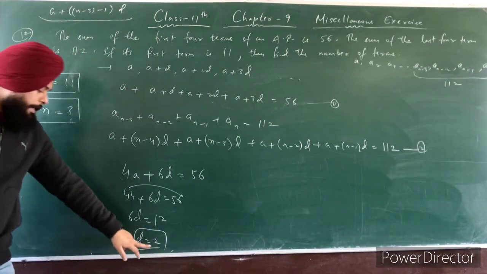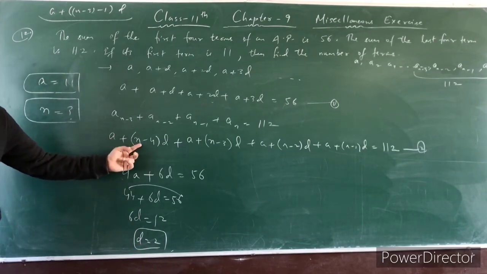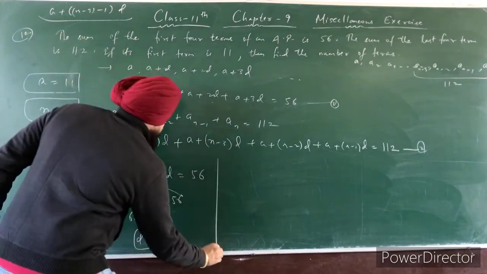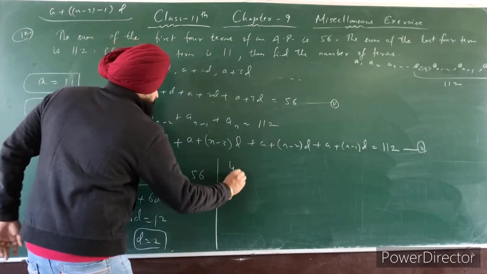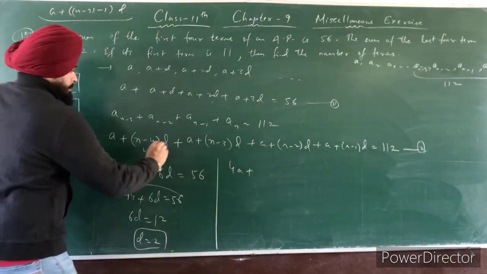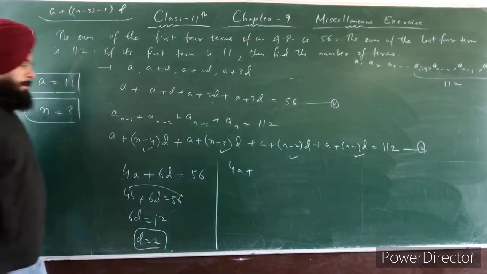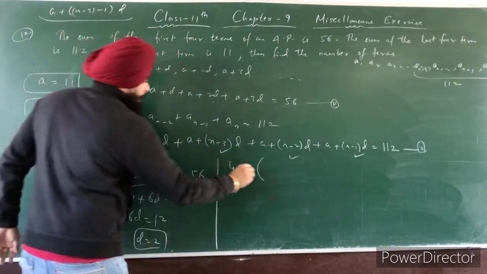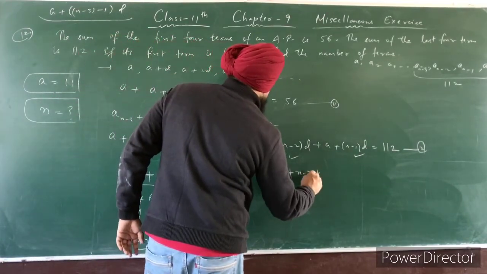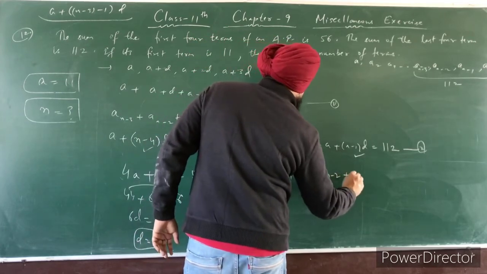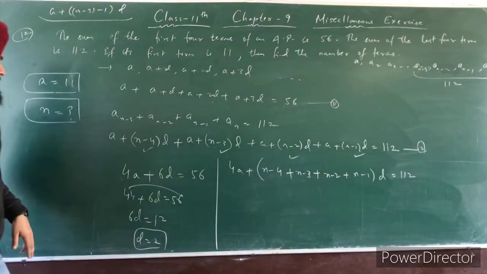Now put the value for D and A in this equation number 2. We will find the value for what? N. Now again A plus A plus A plus A, it is 4A. Now from these four terms take D as common. What is left here? N minus 4 plus N minus 3 plus N minus 2 plus N minus 1 into D. And the value for D is how much?